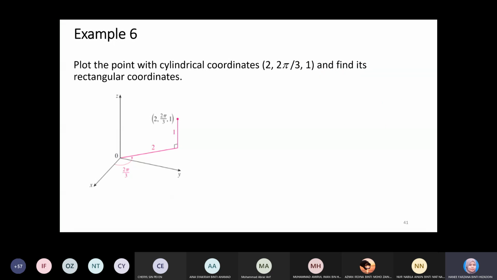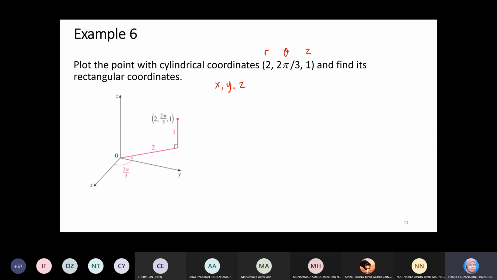Example 6 is to familiarize you with the cylindrical coordinate system and the rectangular coordinate system. You're given a point where the cylindrical coordinates are r equals 2, theta is 2 pi over 3, and z is 1. Let's find the rectangular coordinates in terms of x, y, and z.